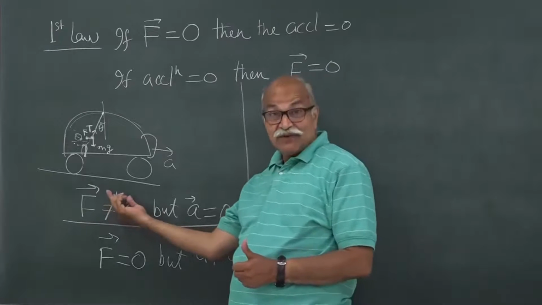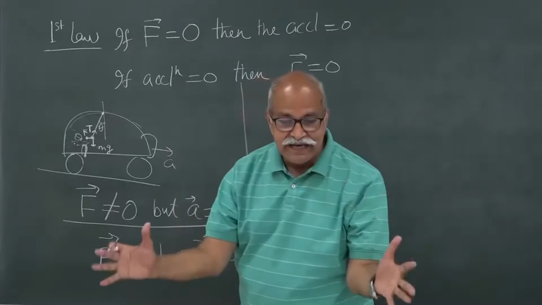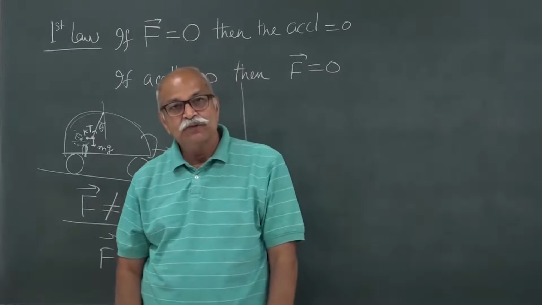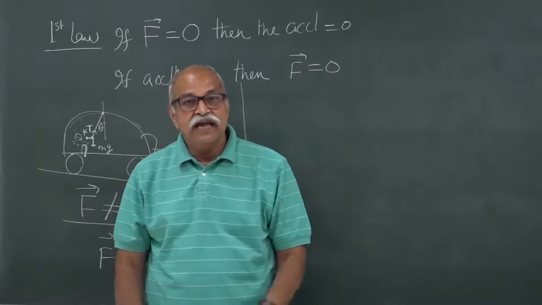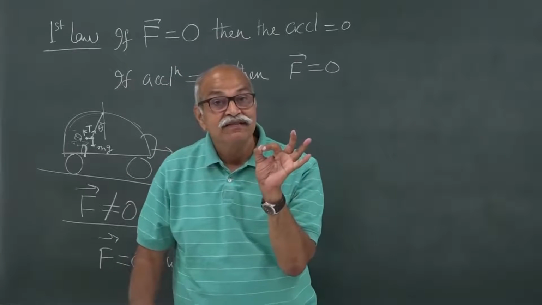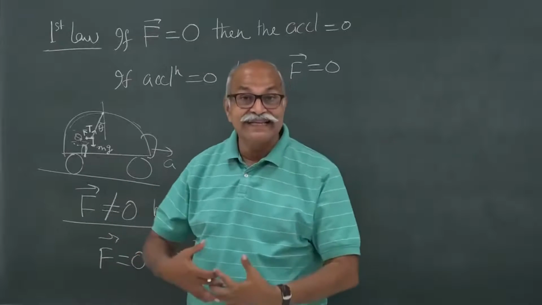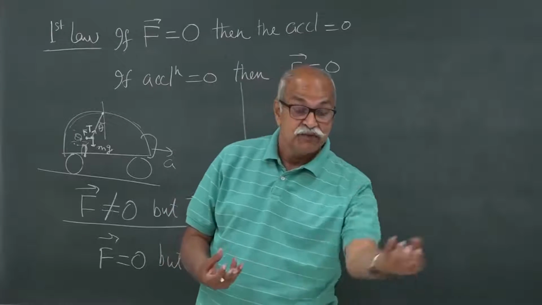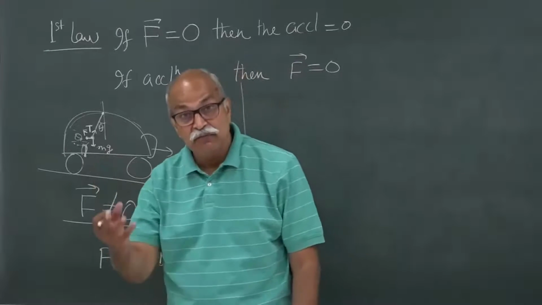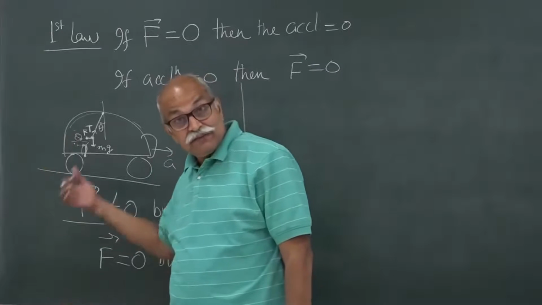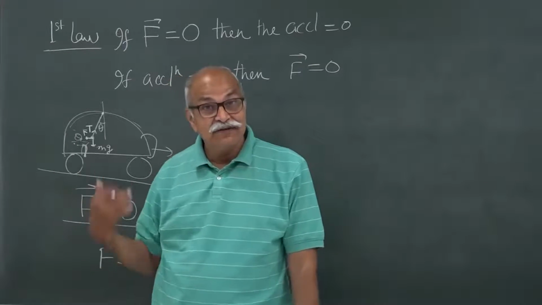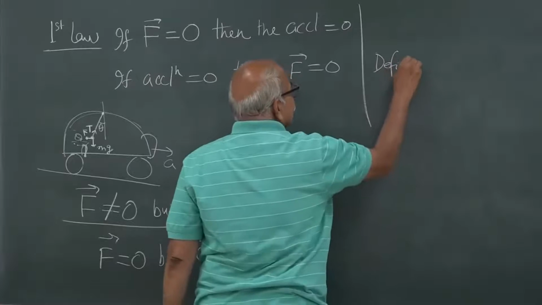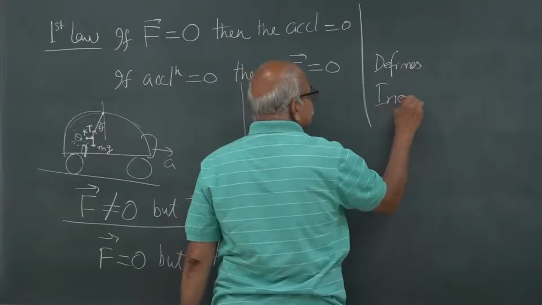That force is exceedingly small, and therefore we generally take earth as an inertial frame of reference. But whenever we want to do some physics where accuracy is important, and our instruments are sensitive enough to detect small changes in the motion, or we can measure very small forces, then yes, we do take care of the fact that earth is not inertial. So this first law actually defines inertial frames of reference.